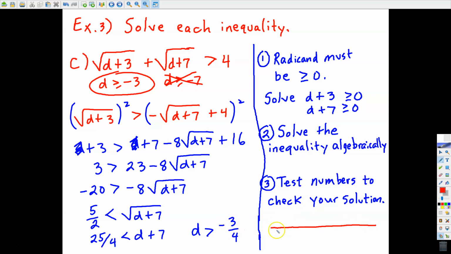All right, so maybe I can squeeze our little number line in down here. So I got -3/4, and I got -3. But according to this, to keep my numbers from being imaginary, this has to be true. I have to pick numbers. I got these switched. Sorry about that.